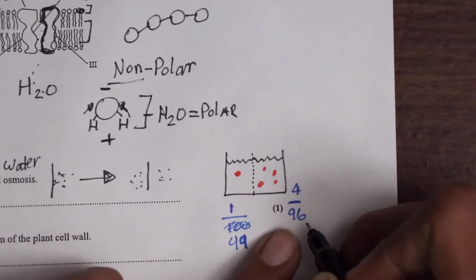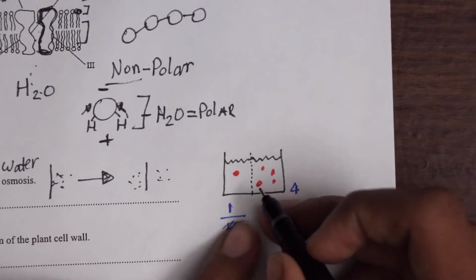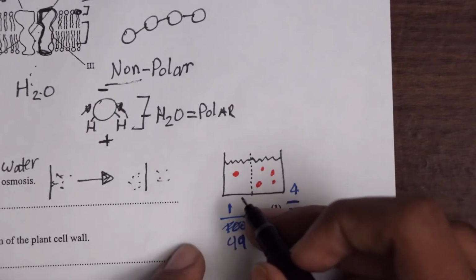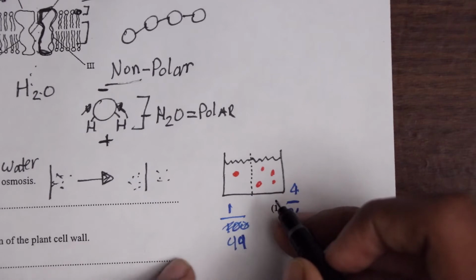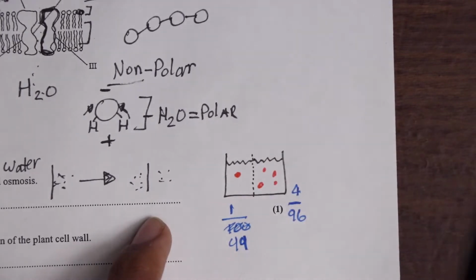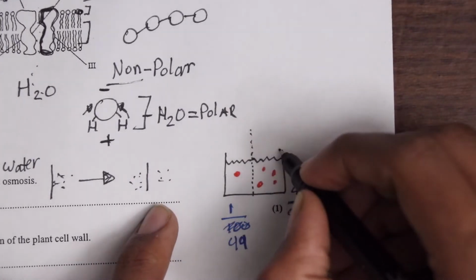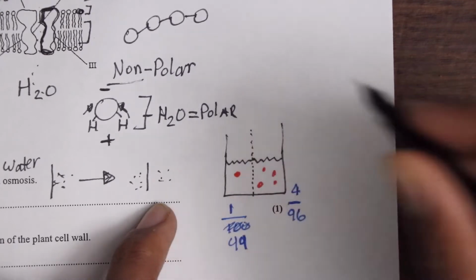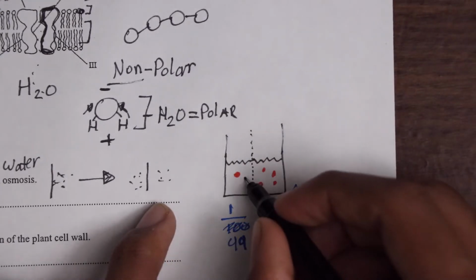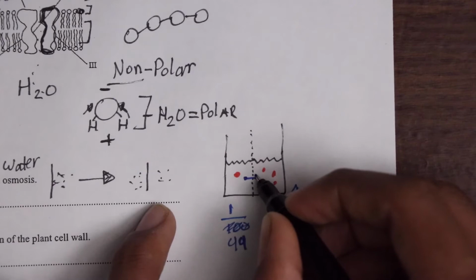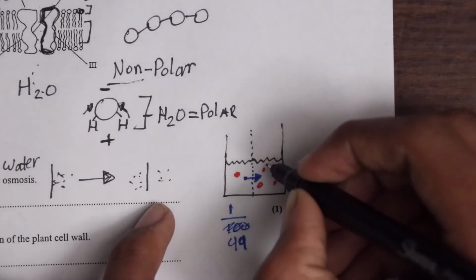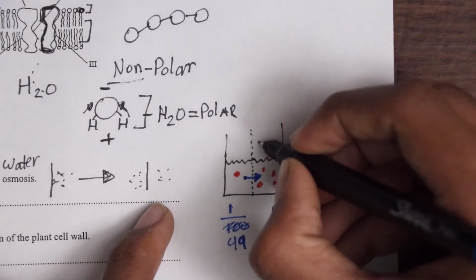What osmosis does is they want them to be pretty much equal, like the concentration of this to this pretty much equal. So what osmosis is going to do, let's make the speaker bigger, it's going to move the water from this side where there's high to this side where there's a low amount of water.